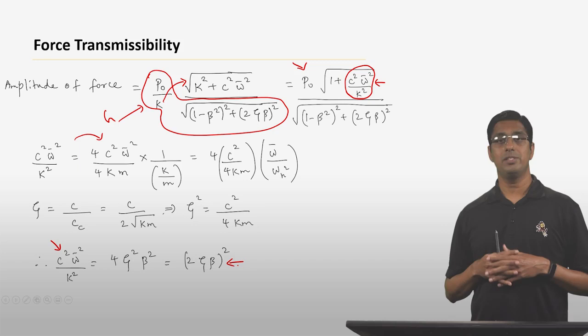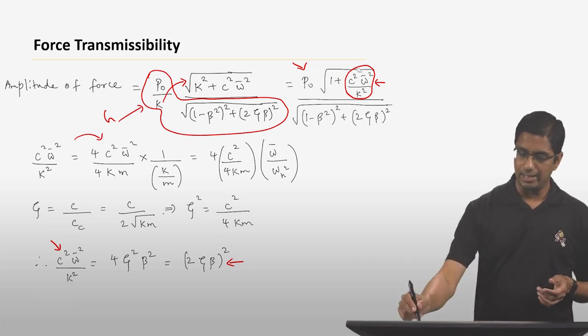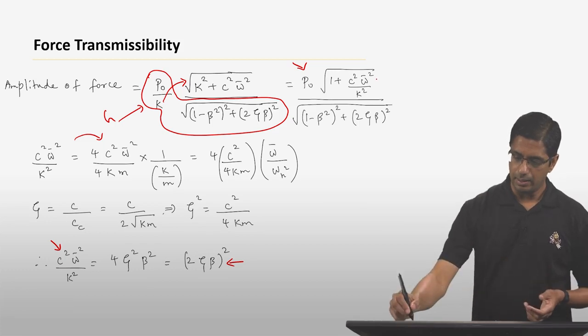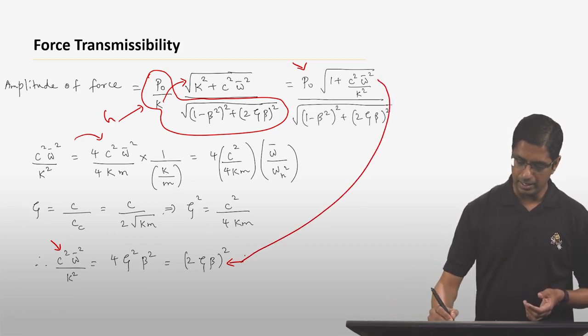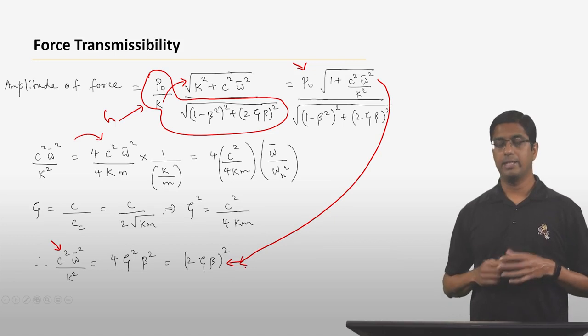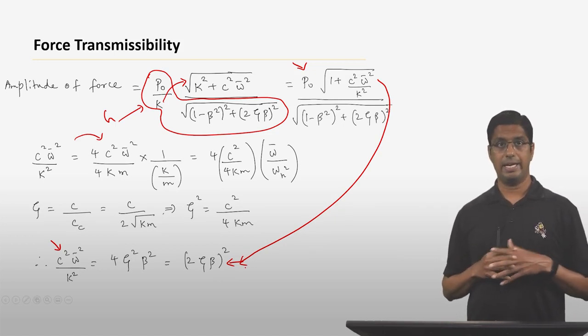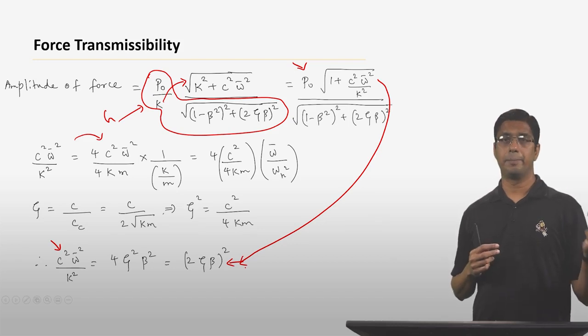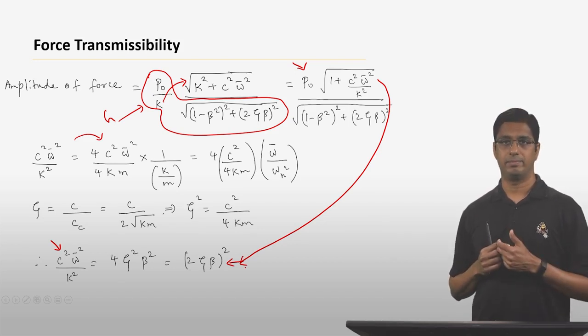Once you see that, things start to make a lot more sense. Because if I can replace this c square omega bar square by 2 zeta beta the whole square, then all the terms in my amplitude of force are composed of just beta and zeta. That's it.